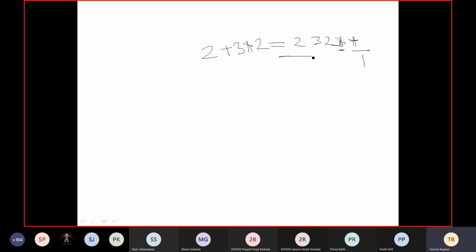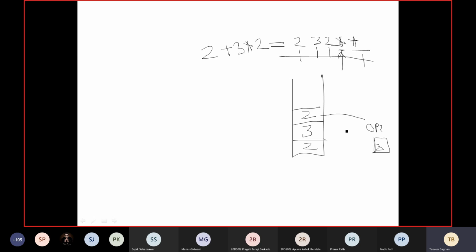So how is it going to be evaluated? See here once again. Read 2. So 2 is pushed onto the stack. Read 3. 3 is pushed onto the stack because both are digits. Then again read 2. 2 is also a digit, so push it onto the stack. Then read multiplication. Now when you read multiplication, take 2 in OP2, operand 2. So operand 2 is 2 now, and for OP1, operand 1, pop.